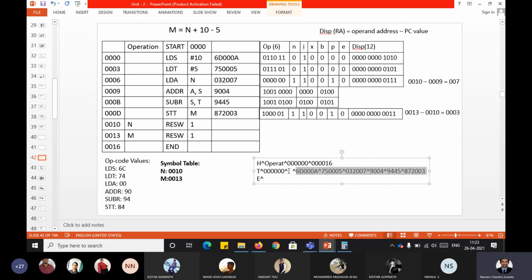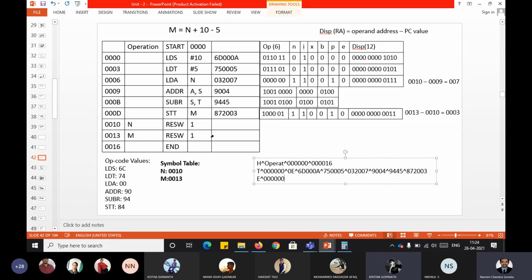So how to write 14 in hexadecimal? It is 0E. So the length of the text record is E. E means 14; 14 bytes is the length, right? And followed by the end record, E followed by the starting address where your execution will begin. So this is the object program.